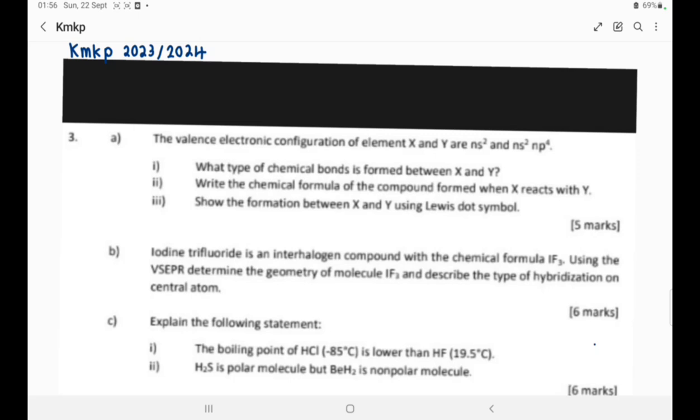So now we will discuss past year questions from KMKT year 2023-2024. For question 3, usually it is chapter 4, which is chemical bonding.